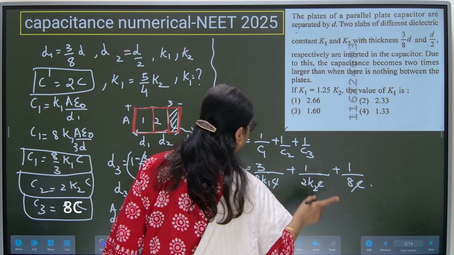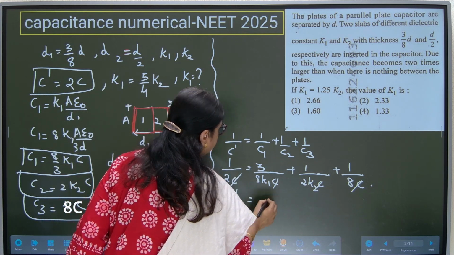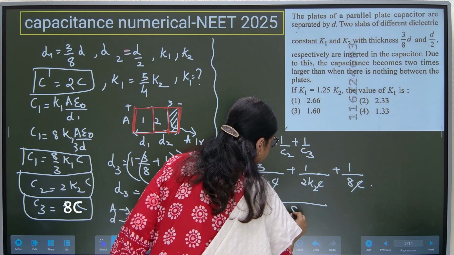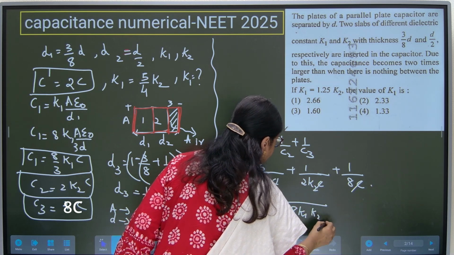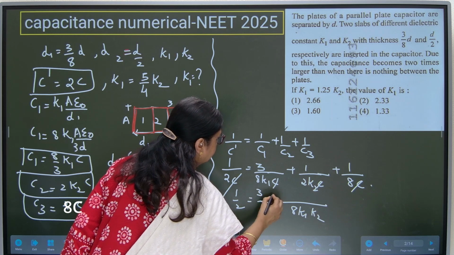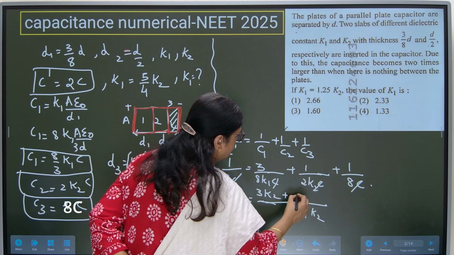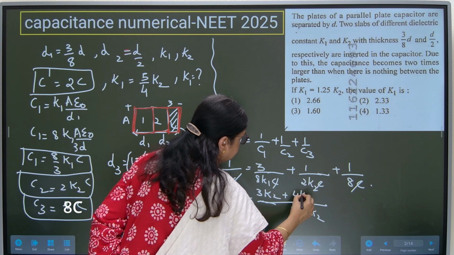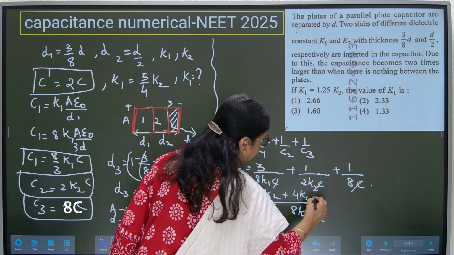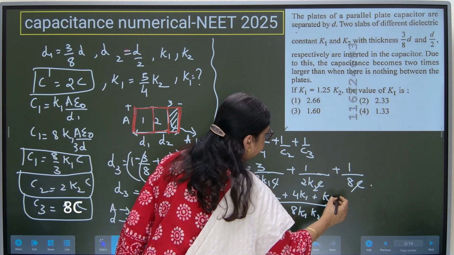So now solving this, we have half is equal to 8 K1 K2 as the LCM, so 3 K2 plus 4 K1 plus K1 K2.